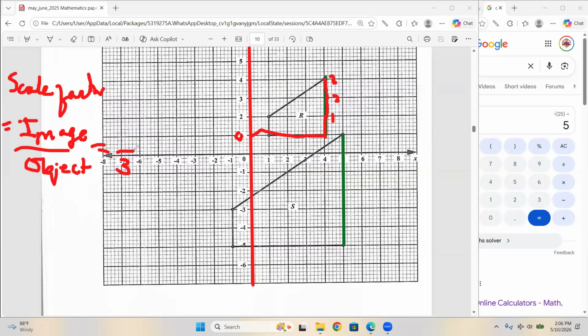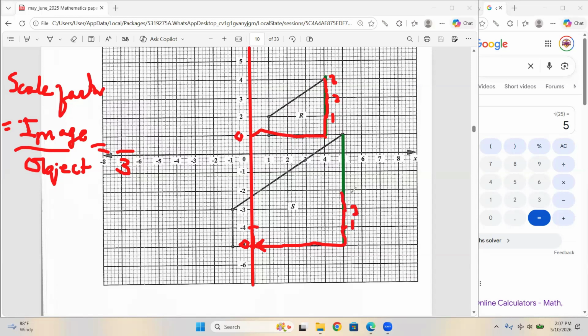And then for this one, it starts from -5, but you have to count it as if it's 0. So from here to here is 1. Going up again, 2.